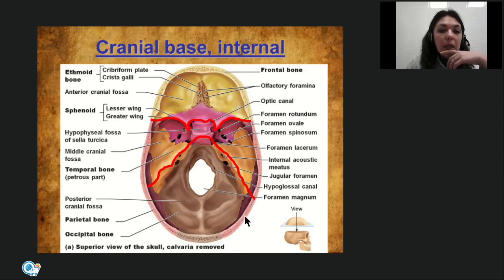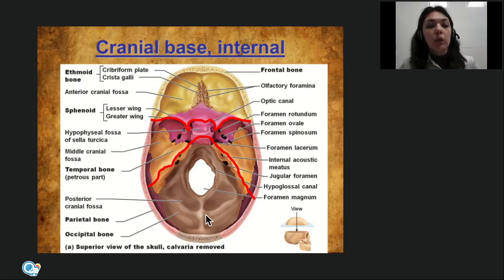Anteriorly, it is separated from the middle cranial fossa by the line we have already mentioned, and posteriorly we can make a boundary between the posterior cranial fossa and the cranial wall. It passes through the internal occipital protuberance and the groove for the transverse sinus.